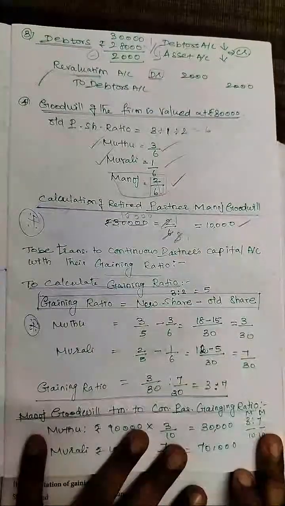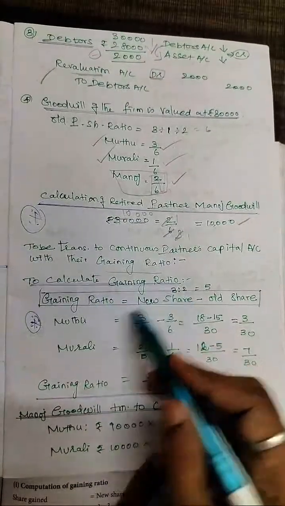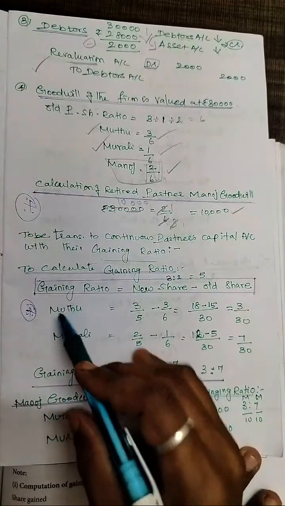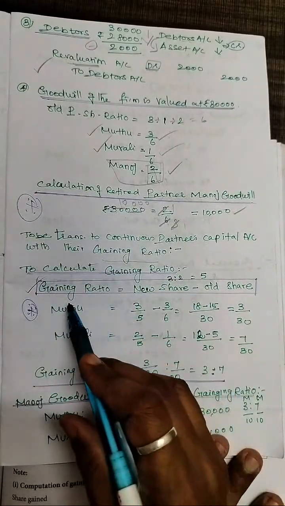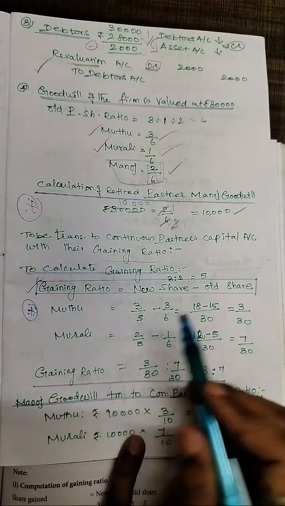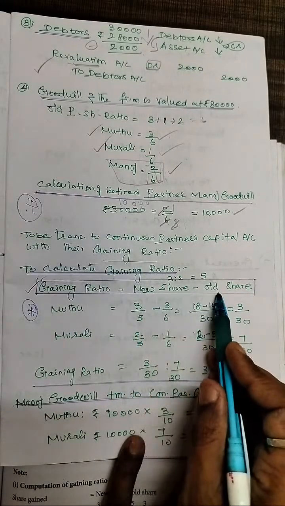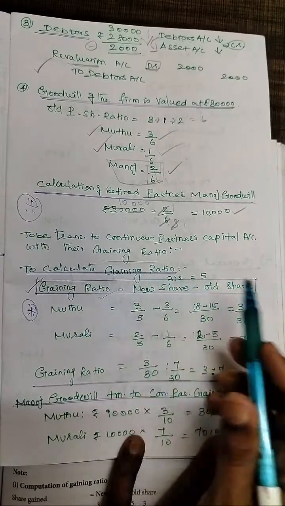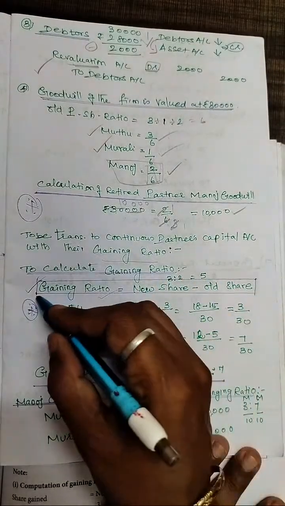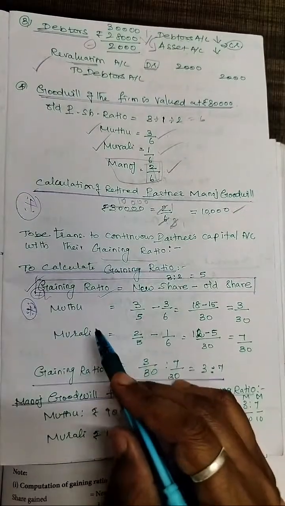It will be very easy. We have a formula: we subtract the old share from the new share and you will get the gaining ratio. This is a very important format.